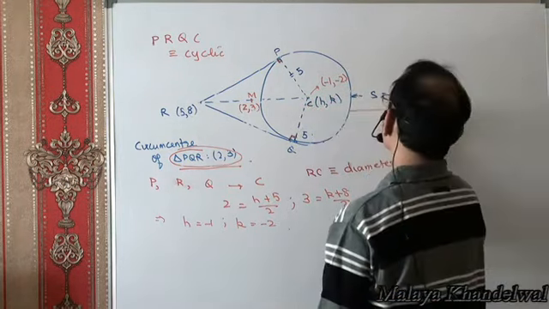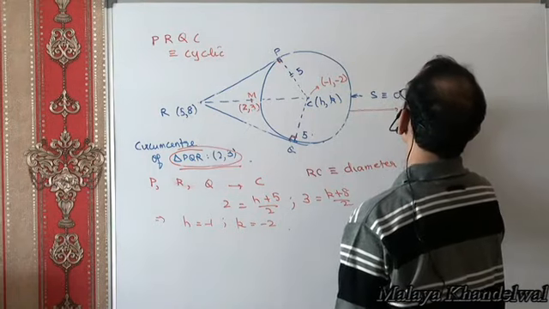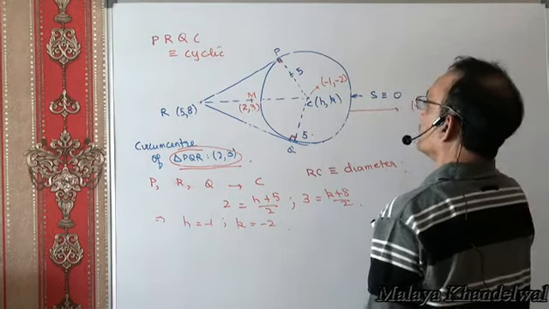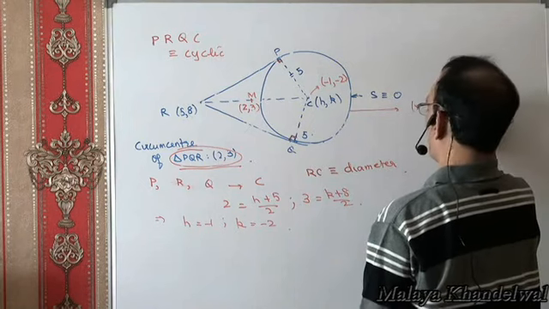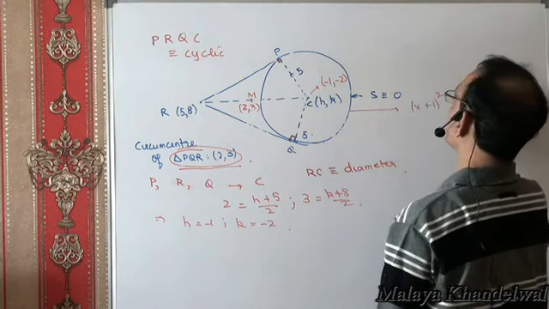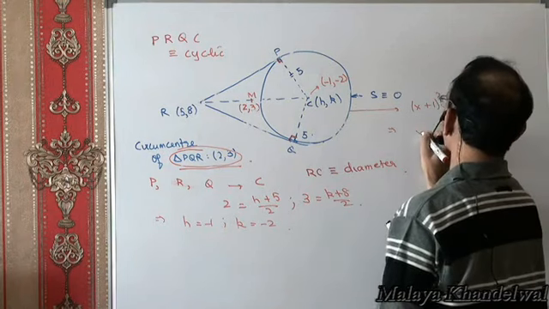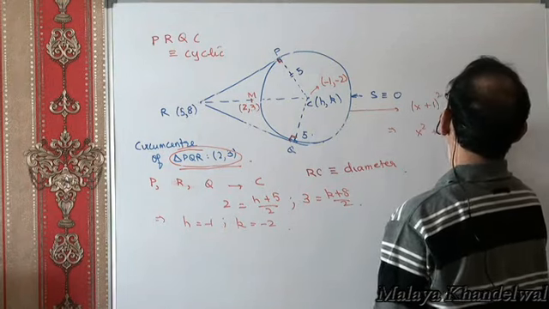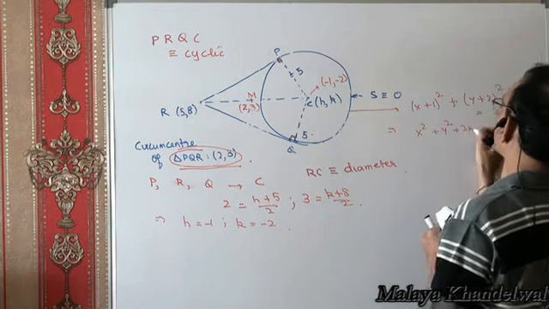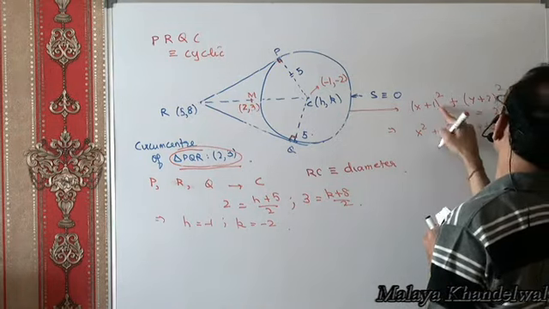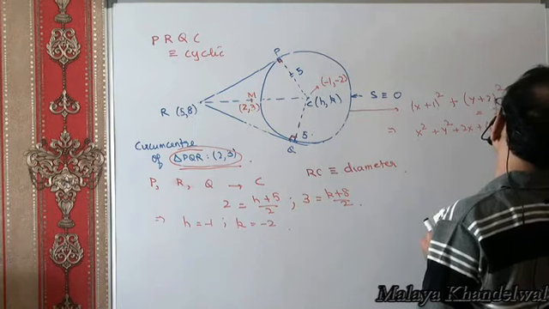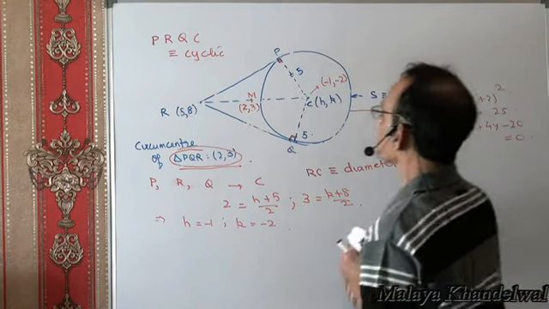Can I find the equation of the circle? Yes. It's (x plus 1) whole squared plus (y plus 2) whole squared is 25, or x squared plus y squared plus 2x plus 4y, 4 plus 1 is 5, minus 20 equal to 0. That's the equation of the required circle.